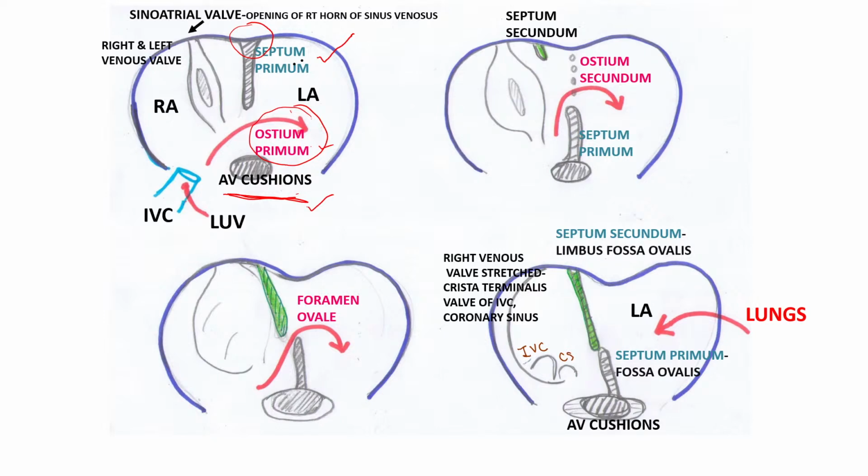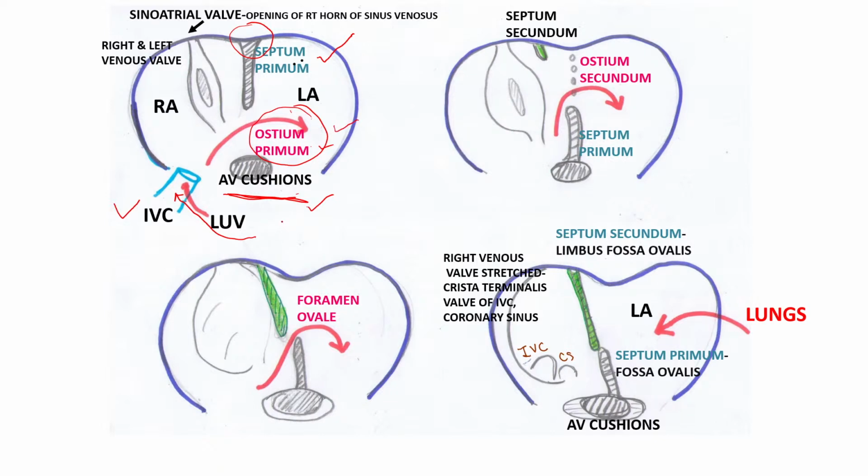Since the primary septum is the first to appear, it is the septum primum and the ostium primum. Why this gap is left, we can see from the same diagram. The inferior vena cava opens into the right atrium, and it receives the left umbilical vein, which brings oxygenated blood to the right atrium. The blood from the right atrium should always reach the left atrium, from where it will be distributed to all parts of the body.